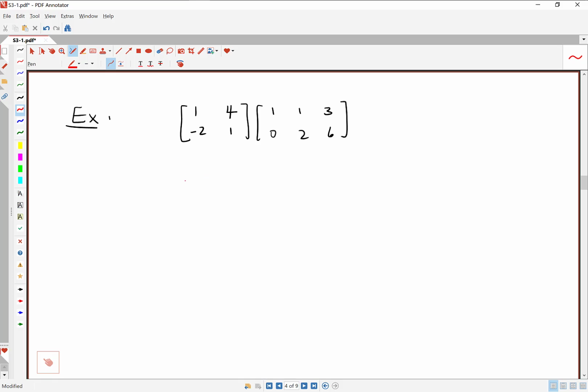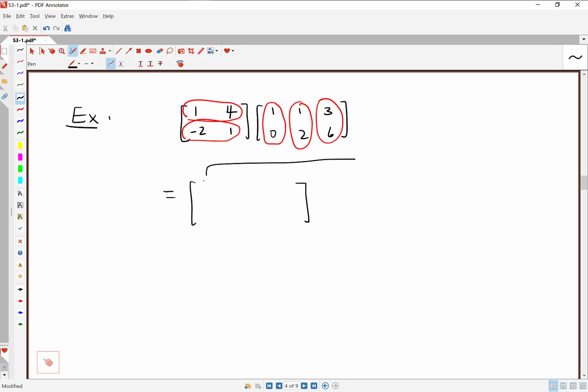So if we want to multiply these two matrices together, we're going to circle the rows of the first matrix, and we're going to circle all the columns of the second matrix, and we're going to be forming a bunch of dot products. So let's focus here on just the upper left corner. This position is row 1, column 1.